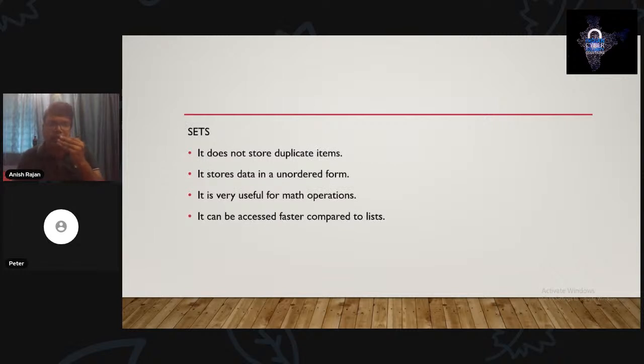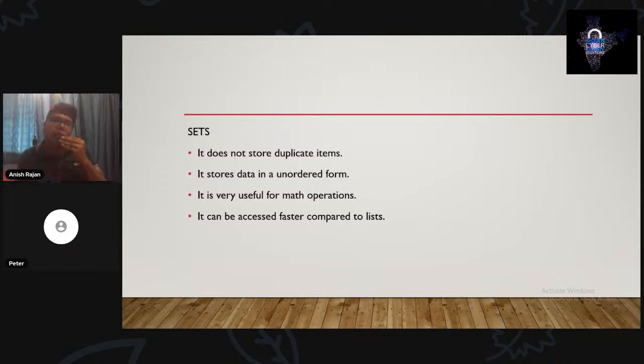Next, we come to sets. Okay, so what is a set? Every kind of data structure, as we saw the list, strings, tuples, all these three data structures we have seen, all of them have some kind of use.